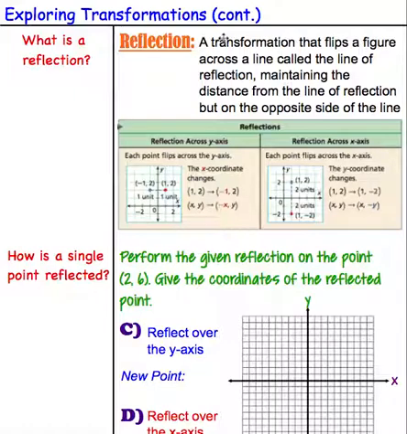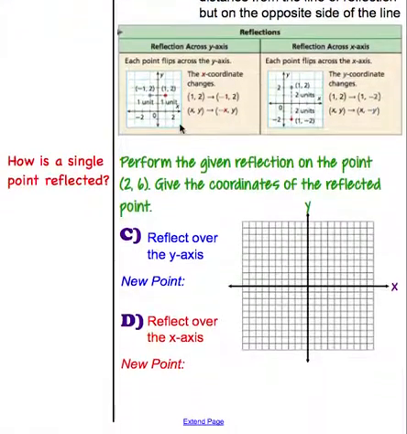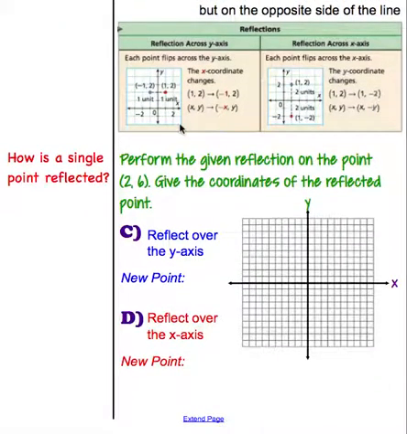And so if we look at this first problem, we have the point 2, 6. And 2, 6 is going to be reflected first over the y-axis. So if you think about this, when you have your xy coordinate, if you flip that over the y-axis, which means we're going to flip this way, that means that if it stays the same distance from y, the x-coordinate is going to go to its opposite.